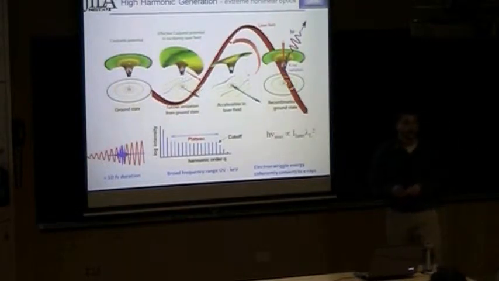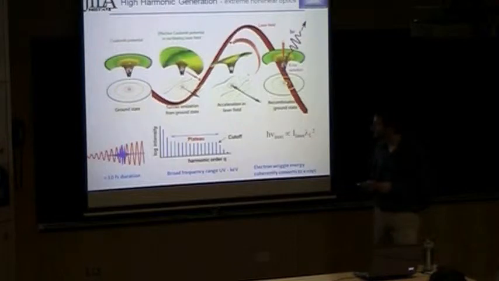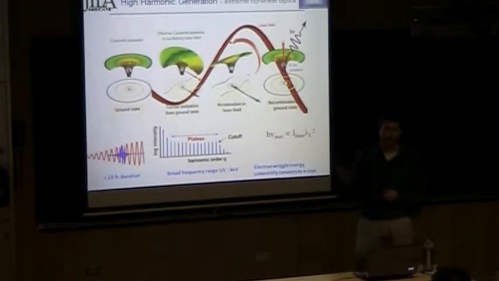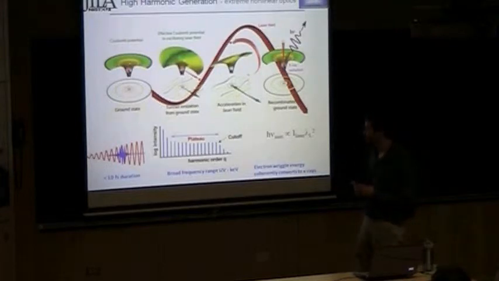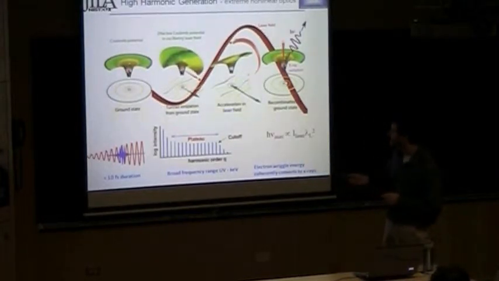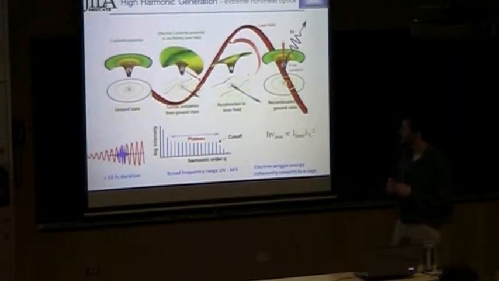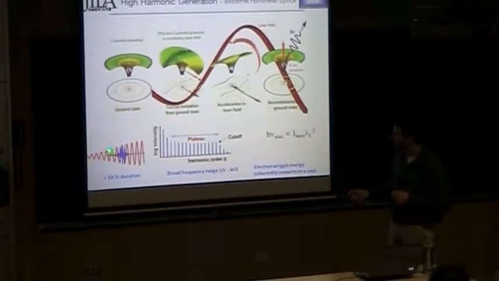And so just from this simple picture, we can get a lot of the physics out. We always drive this with a femtosecond laser pulse. So the harmonics we get out are always, if anything, shorter, typically 10 femtoseconds or less. This happens in each half cycle of the laser field, that the electrons are accelerated away and then back to the atom. So you end up with these bursts of X-rays every half cycle of the laser field.